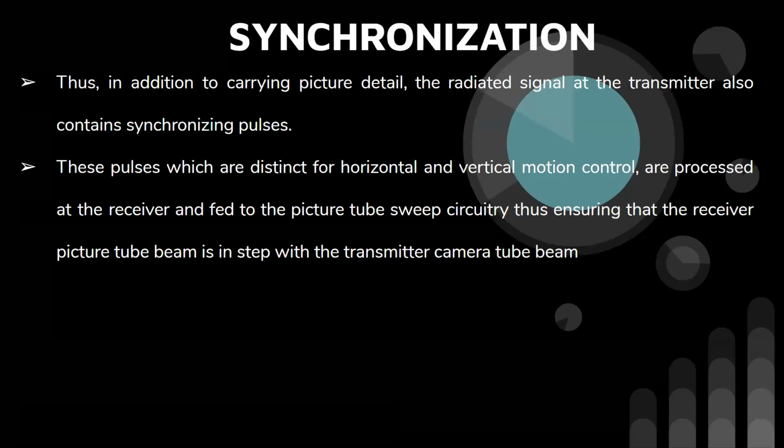In addition, the radiated signal at the transmitter carrying the picture detail contains these synchronization pulses. These pulses are distinct, horizontal and vertical motion controlled, processed at the receiver and fed to the picture tube.